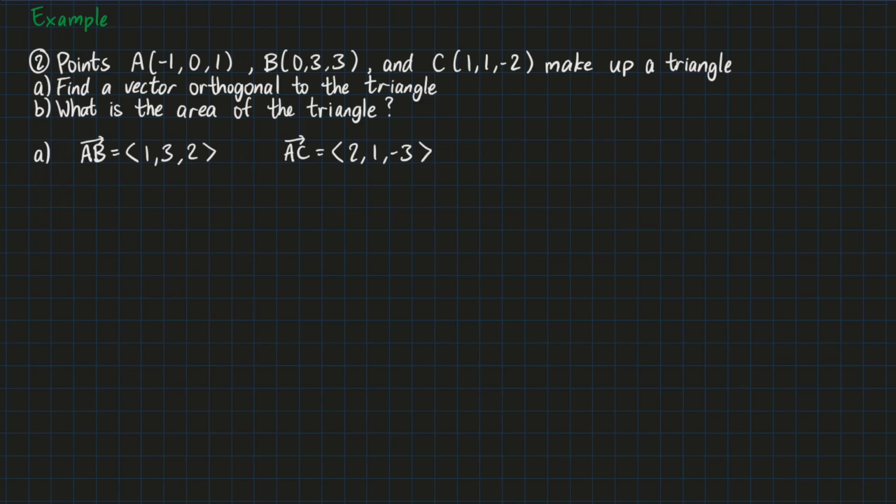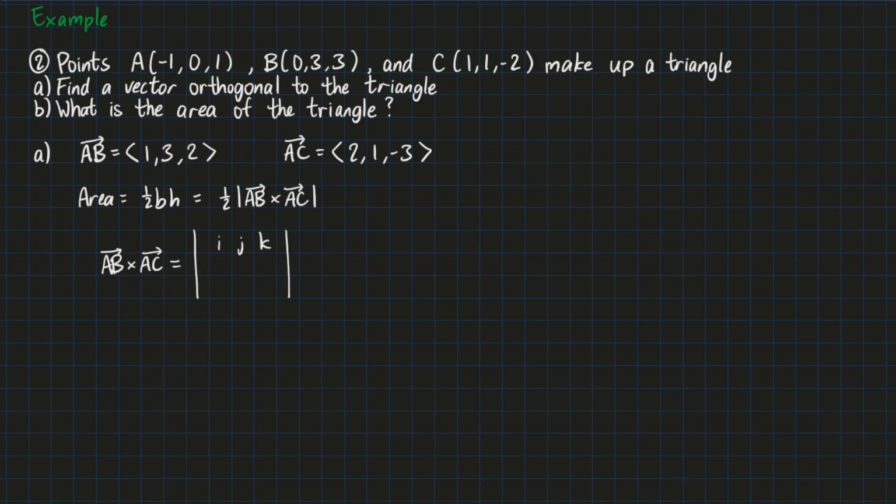Now remember that the area of a triangle equals half the base times its height. So remember that the area is the cross product of two vectors, and this time we need to multiply by a half. So let's do the cross product AB cross AC. We're going to make the determinant with i, j, k, then 1, 3, 2, and 2, 1, negative 3.